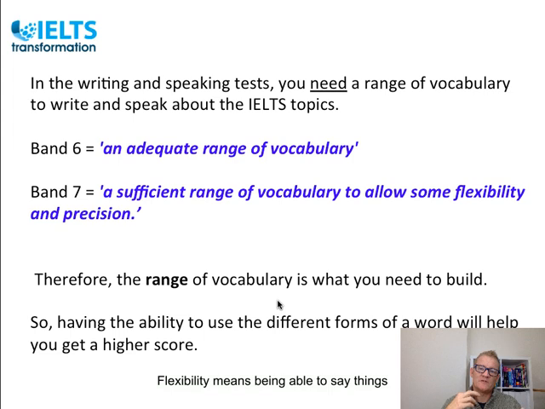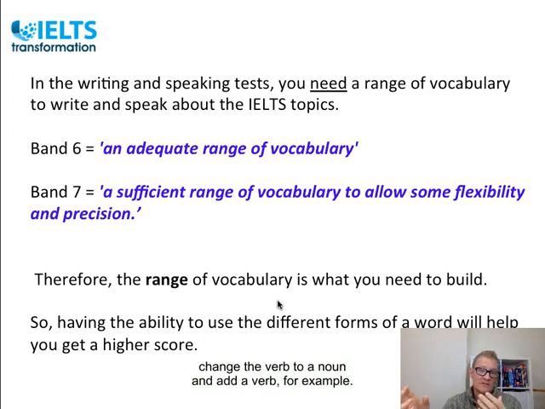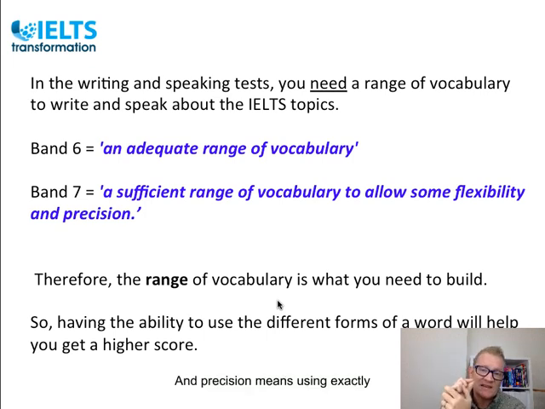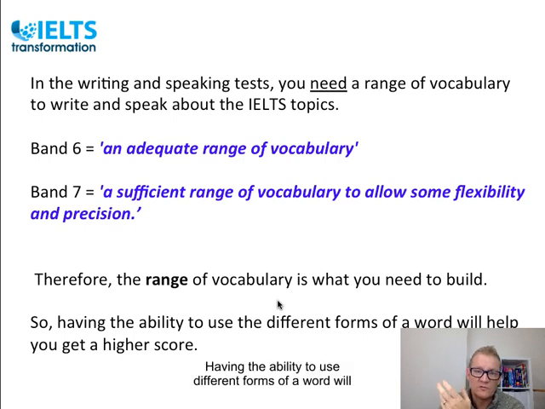Flexibility means being able to say things in a different way. Like I explained, change the verb to the noun and add a verb, for example. And precision means using exactly the right word for that situation. So we need to build your range. Having the ability to use different forms of a word will help you to get the higher score. That's why we wrote this book.